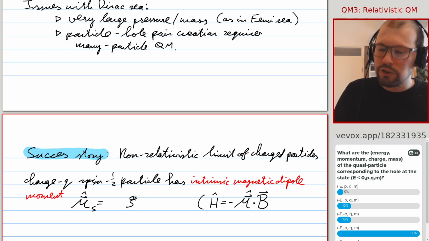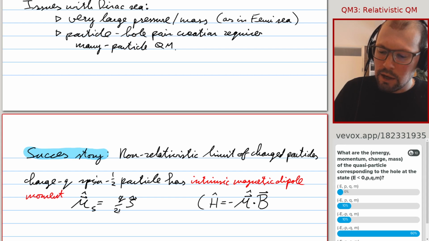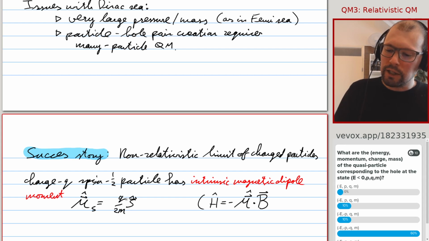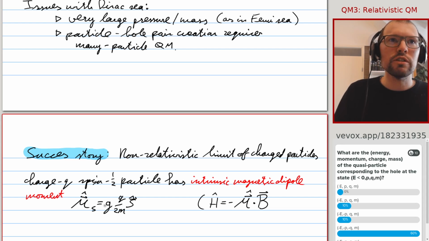So this magnetic dipole moment, it should be proportional to its spin. So the spin matrix S, and then one can put the charge and the mass in front to get the right units. And it can be another dimensionless quantity g there.